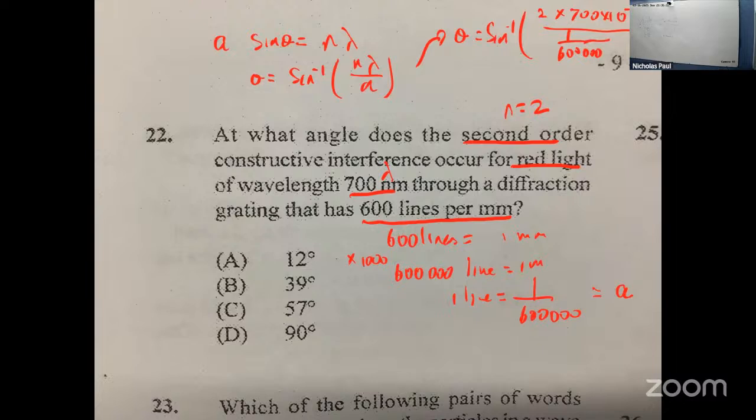And you got 57.1. Okay, so you have to understand the principles here.